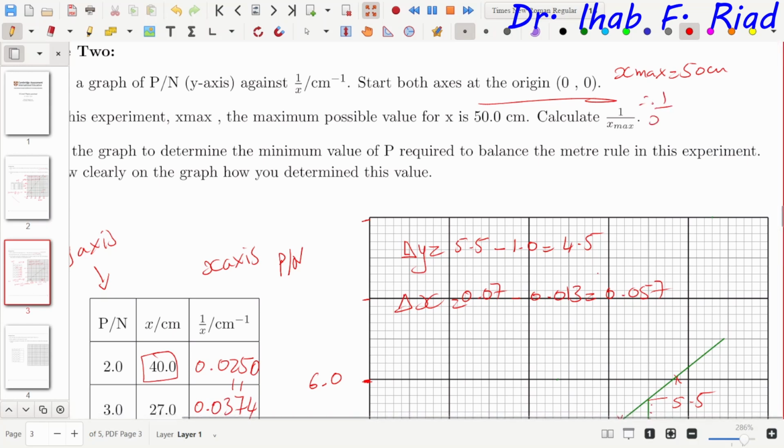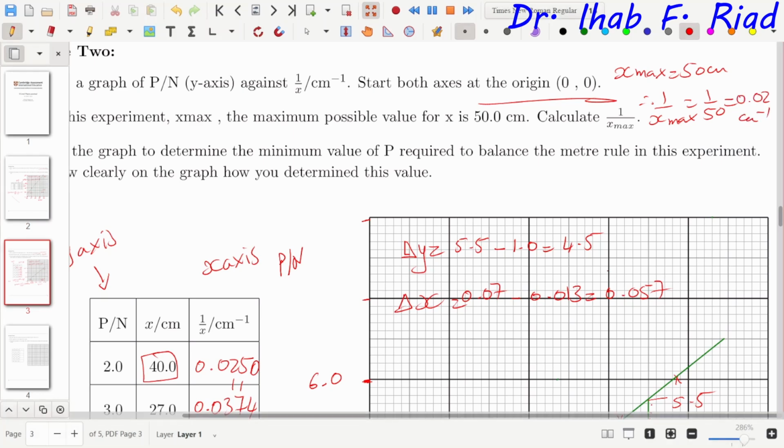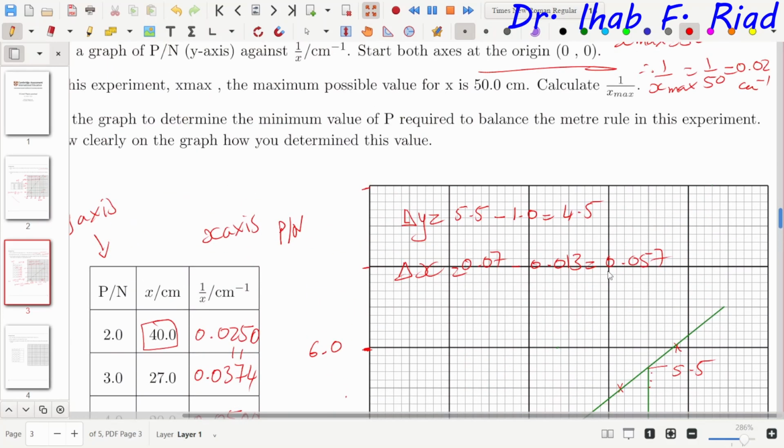Therefore, 1 over x max is equal to 1 over 50, which is 0.02 centimeter to the minus 1.